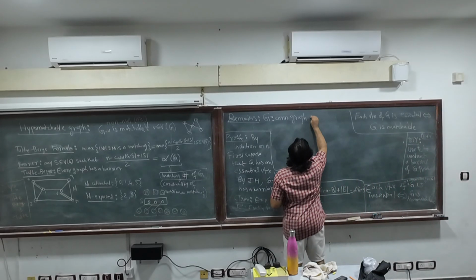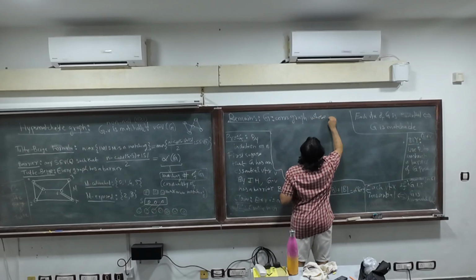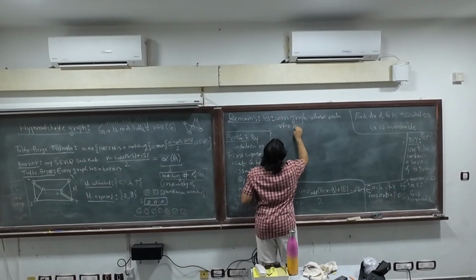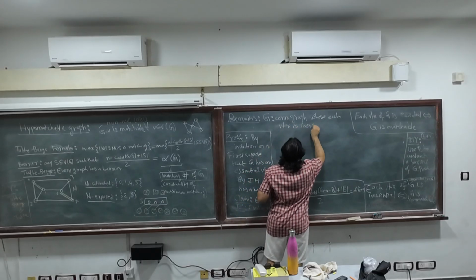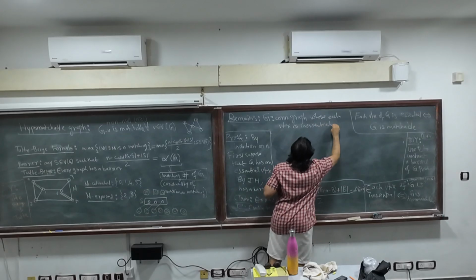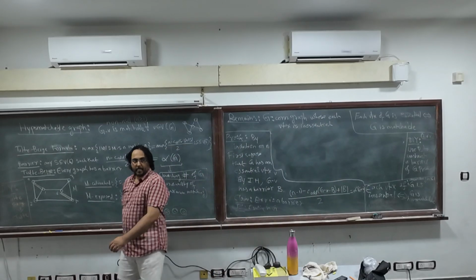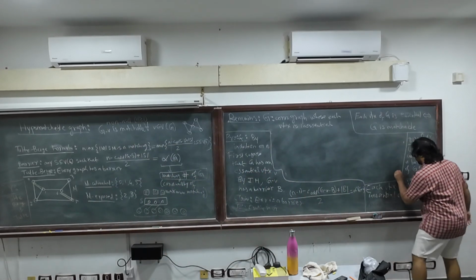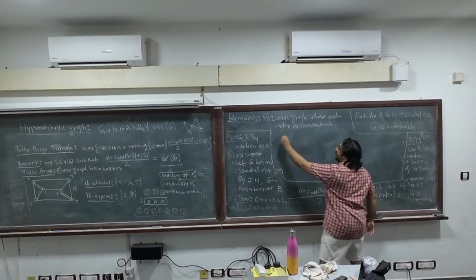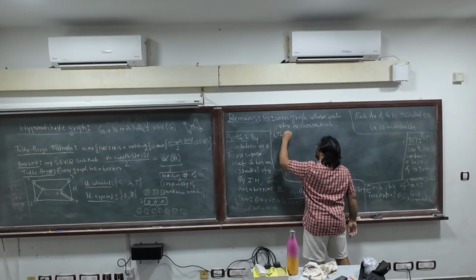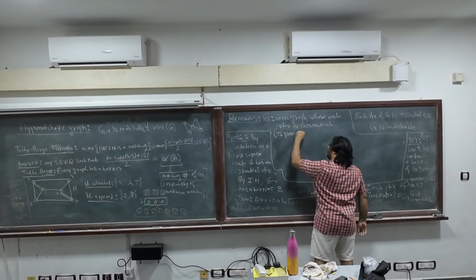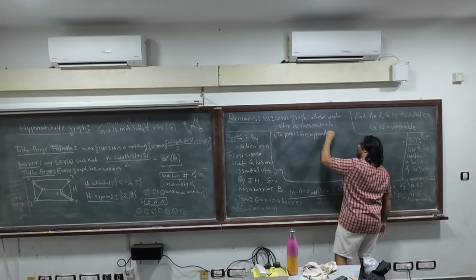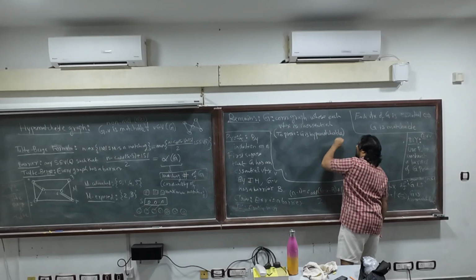It's a connected graph whose each vertex is inessential. And what we want to conclude is that G is hypomatchable. This is what we want to do. To prove G is hypomatchable.